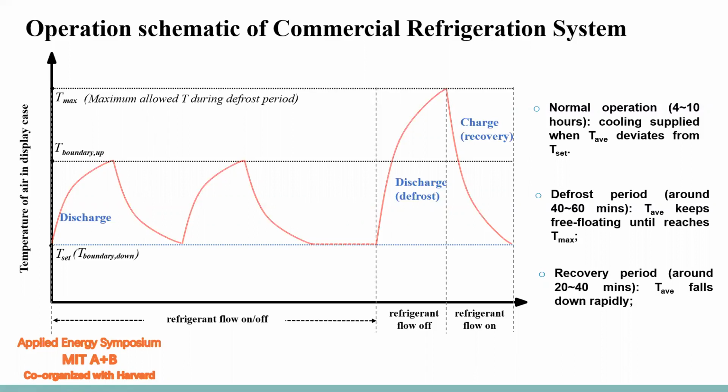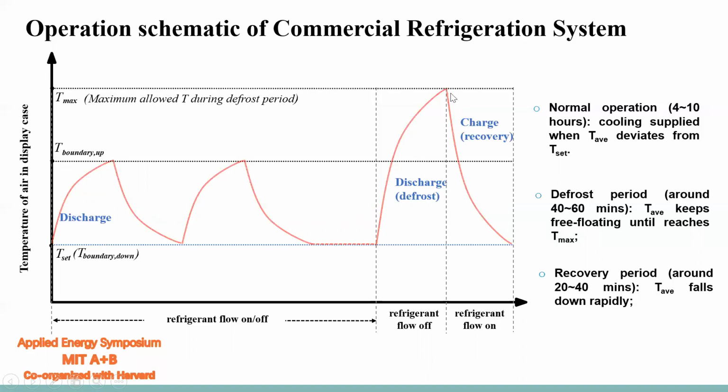To handle this issue, regular defrost cycles are needed after a period of normal control. During the defrost period, the refrigerant flow remains off and the temperature keeps increasing until it reaches the maximum allowed temperature.